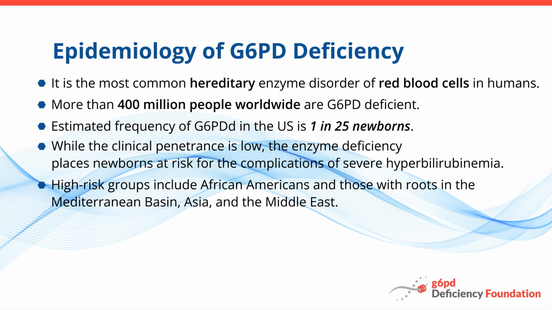Males of African descent are the ethnic group most affected by this condition. Because clinical penetration is low, there is no regular screening regimen for newborns in the United States. For this reason, G6PD deficiency is often overlooked, which places the affected newborns at risk for significant sequelae, including bilirubin encephalopathy.